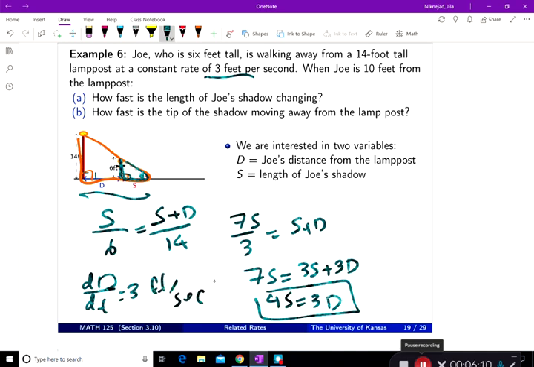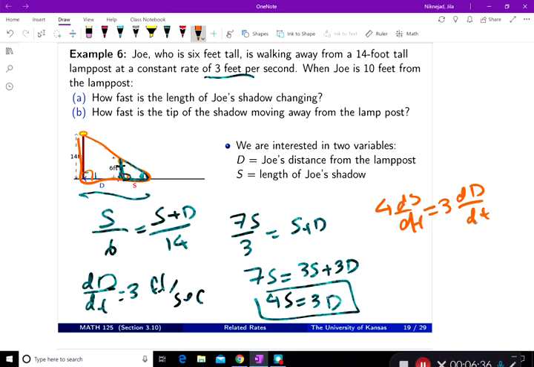Now that I have this equation, I can take the implicit differentiation of this equation and get: 4 is the constant, the derivative of S with respect to t, is equal to 3 is the constant, the derivative of D with respect to t.